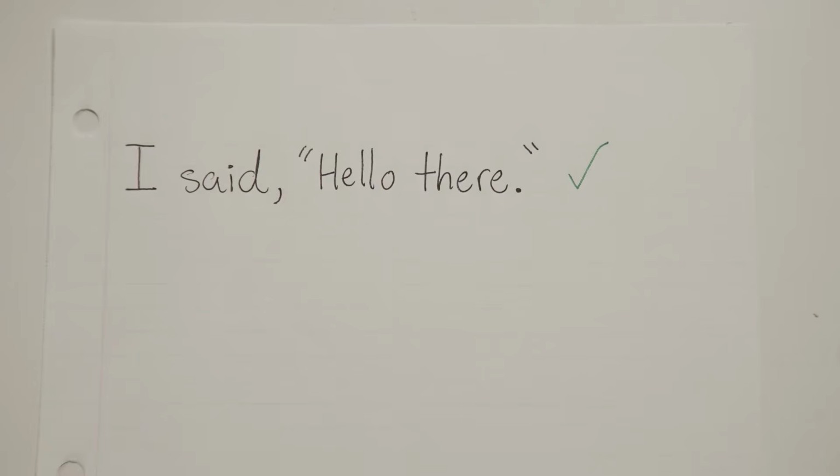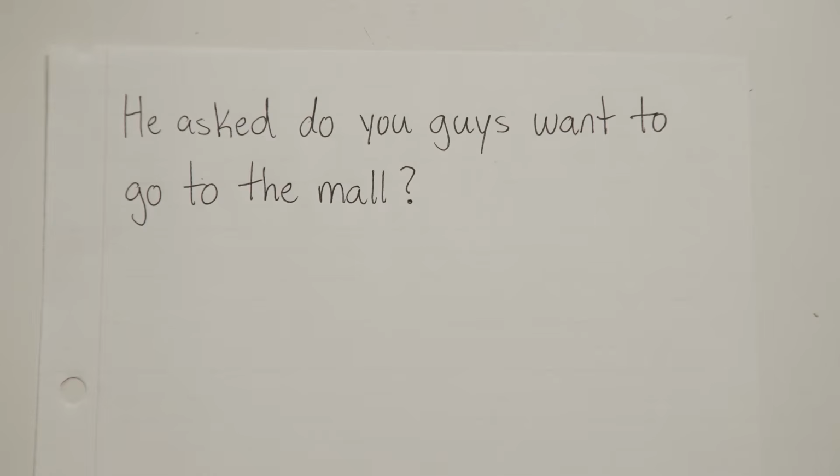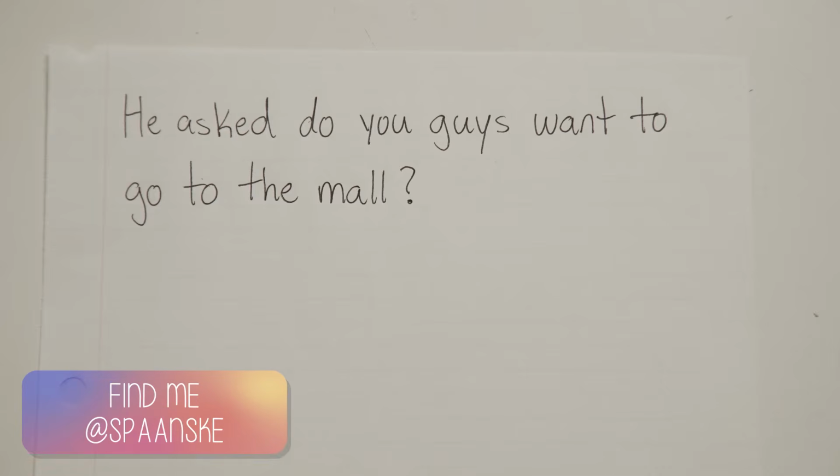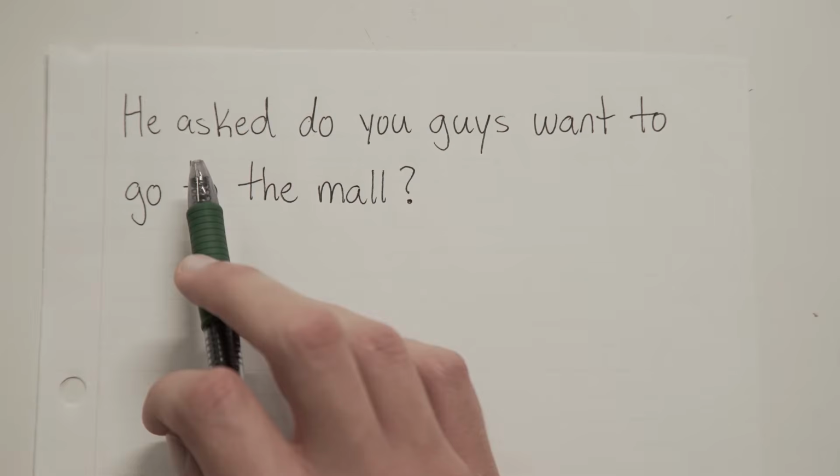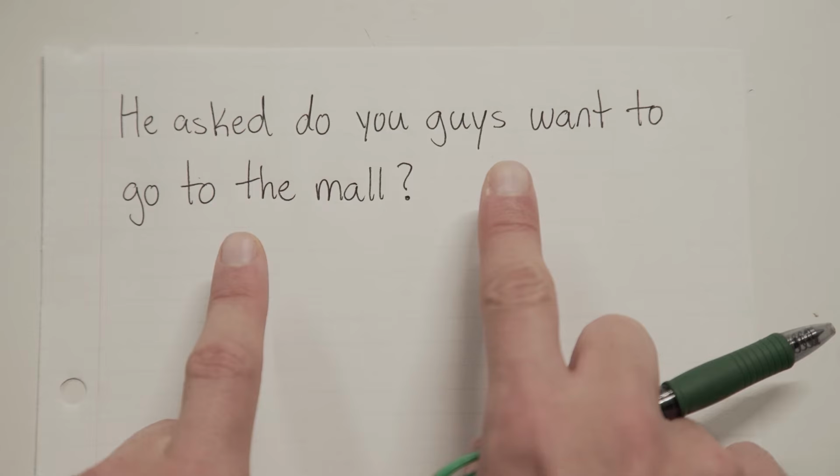They're speaking a sentence. So we've got to capitalize their first word. Okay, let's see if you can do a couple. Here's the sentence without any quotation marks or anything else. He asked, do you guys want to go to the mall? All right, first step. What is our speaker tag? What words show that someone might actually be talking? Answer is, he asked. So now that we've found that, we need to read the rest of the sentence and see if that's something that makes sense for someone to actually say.